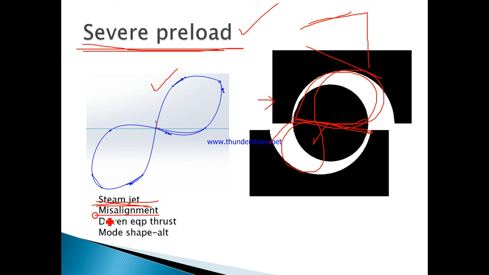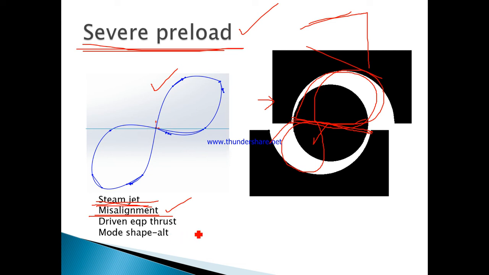So this may happen due to misalignment. Misalignment may occur initially, because there are a lot of mode frequencies, and suppose we are very near to one, it will change the mode shape. This will cause the misalignment.